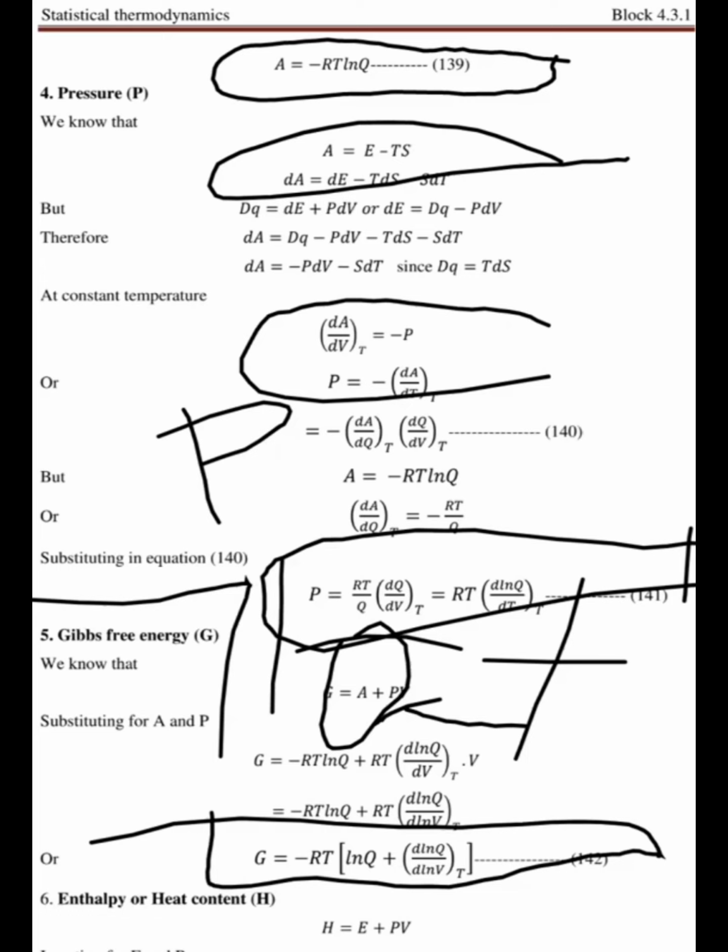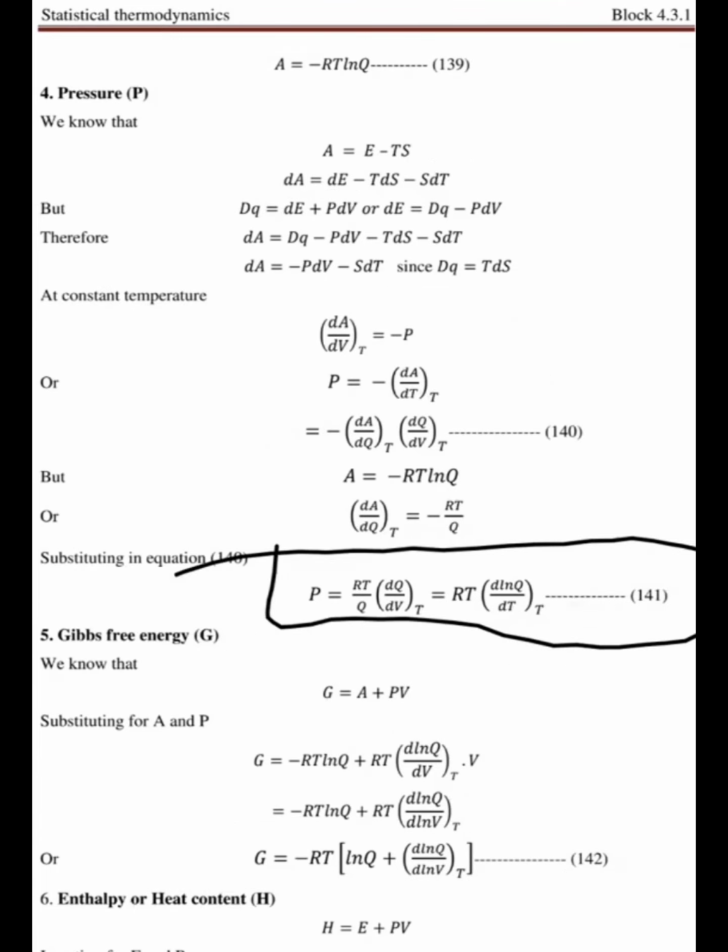And for the enthalpy, also called the heat content of the system, H is equal to E plus PV, where H is the enthalpy. E and P we have calculated, and we need to insert the value of pressure. We are going to take it in the equation for calculating the heat content, H is equal to E plus PV.